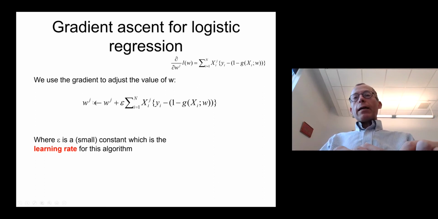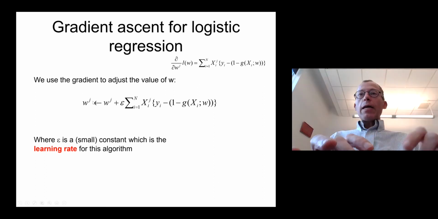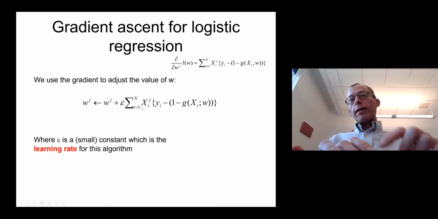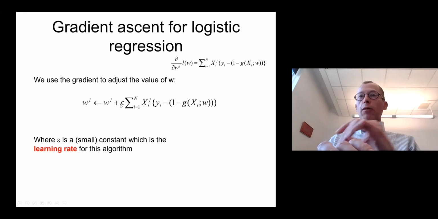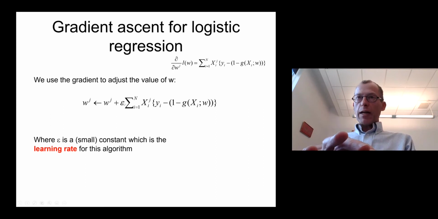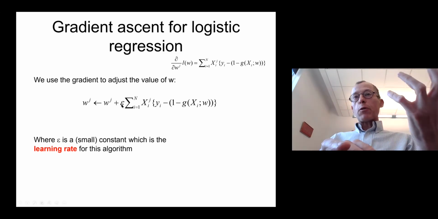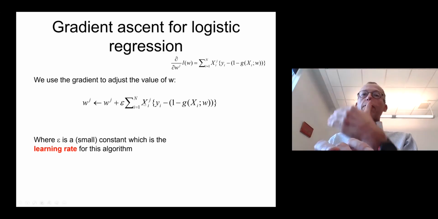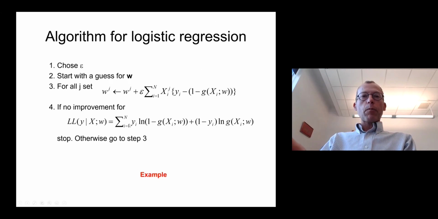Now we start with some guess for Wj, and we change Wj based on the direction of this, times some epsilon, some very small value. We are not going to use the magnitude of this value because we multiply it by a relatively small value, but we use basically the direction. Epsilon is always positive. If this is positive, W will increase. If this is negative, W will decrease.